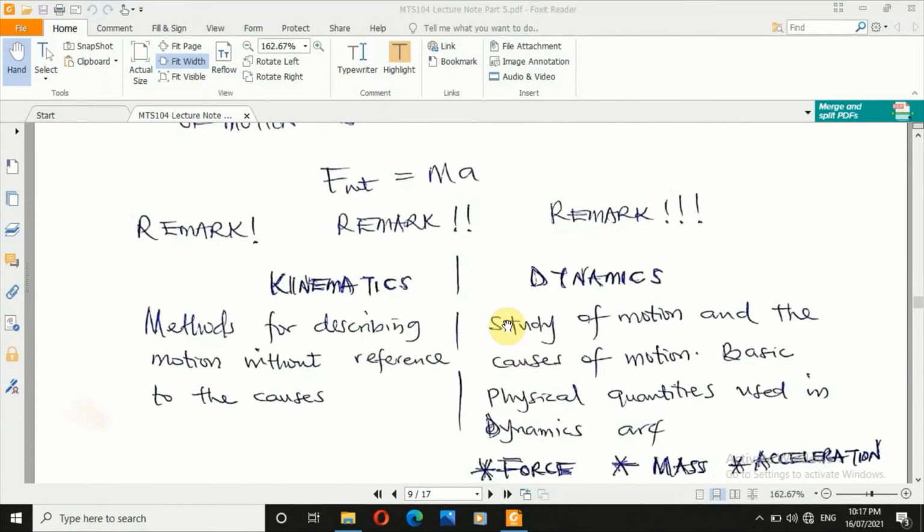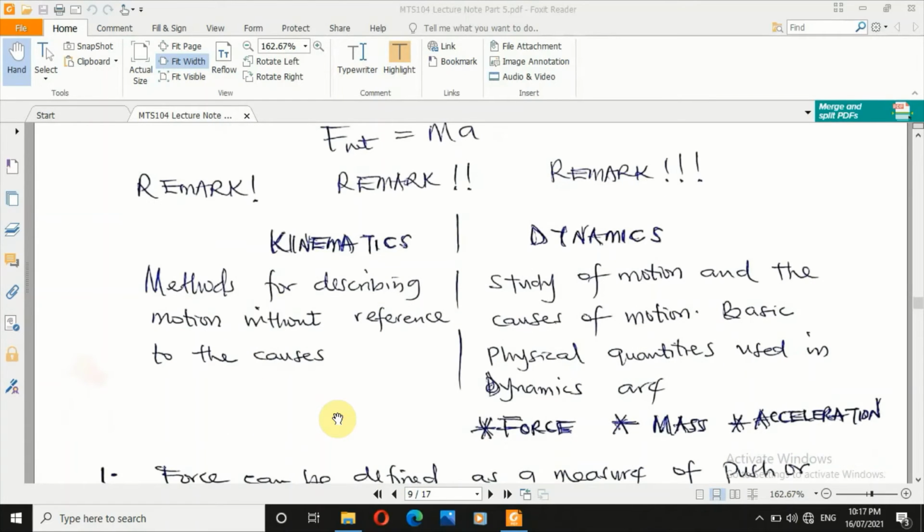So, remark. Let's consider the two again, kinematics and dynamics. Kinematics is a method for describing motion without reference to the causes. Here, under kinematics, we are not talking about the force. We are not talking about what is happening to the force. We're only trying to describe the motion. Without reference, please take note of this. In kinematics, we are not talking about the force. But in dynamics, we really need to emphasize the force.